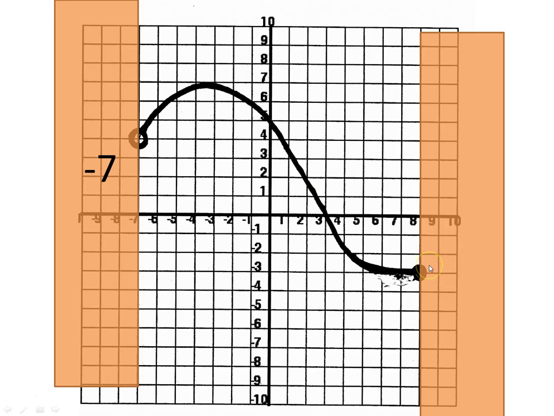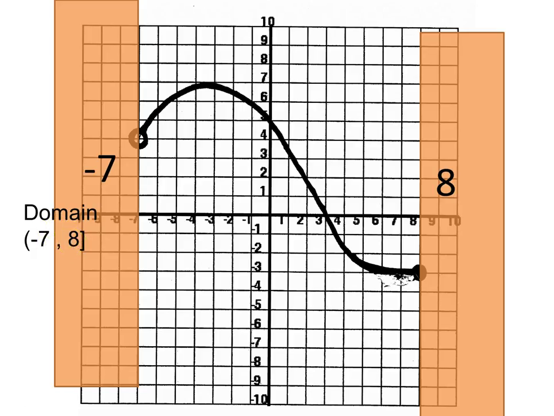And it looks like my picture does not go past 8. I know you might have to count squares every once in a while, but I believe my picture does not go past 8. If my picture starts at -7 and stops at 8, then domain starts with -7, that's the lowest, and it ends in 8.